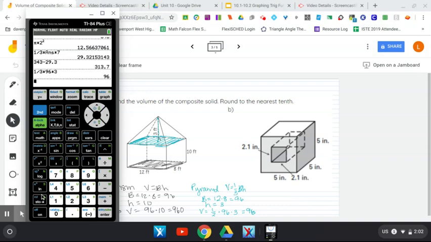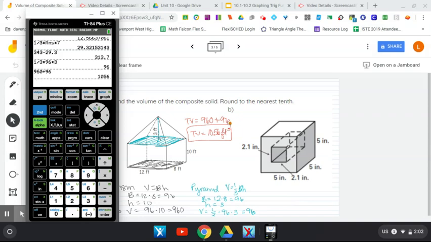So 960 plus 96. And again, I use TV for total volume, you guys. So 1,056, and our units are feet cubed.